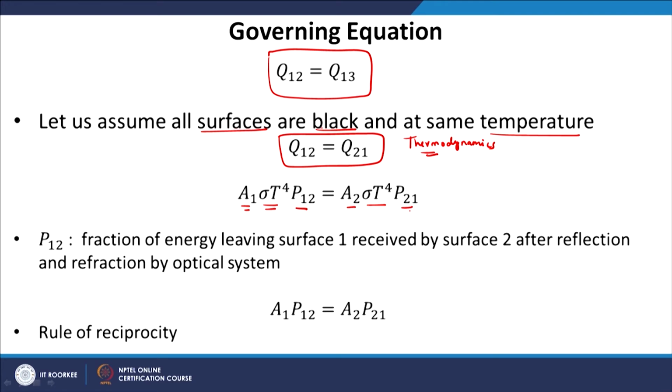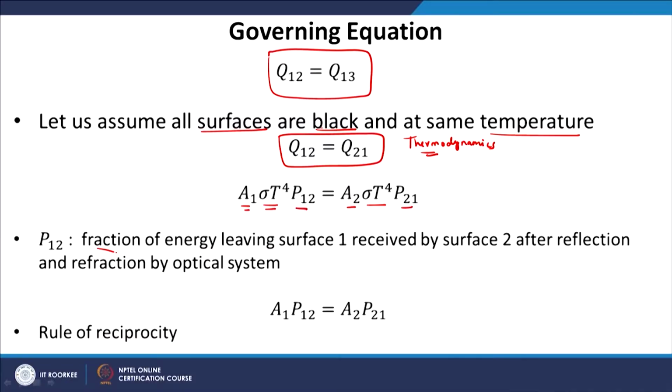Now, we have discussed view factor in this course. View factor is the fraction of energy emitted from one surface and received by another surface. Then we discussed exchange areas. Direct exchange area is the amount of energy emitted by one surface and received by another, but the energy may be subjected to absorption by the intermediate gas.